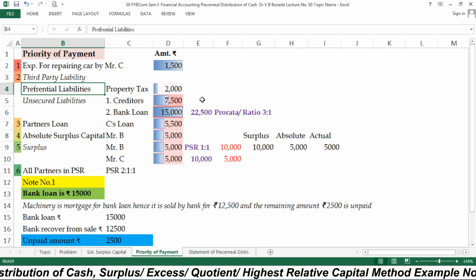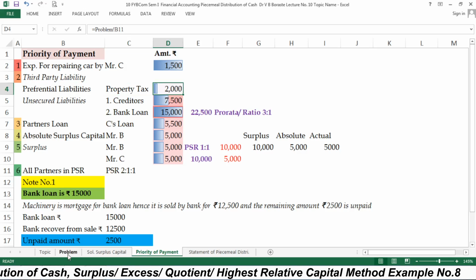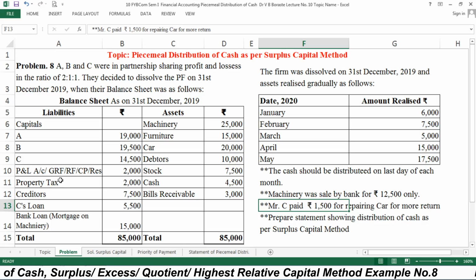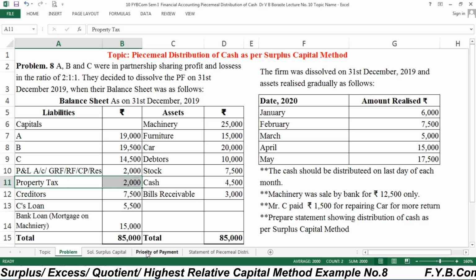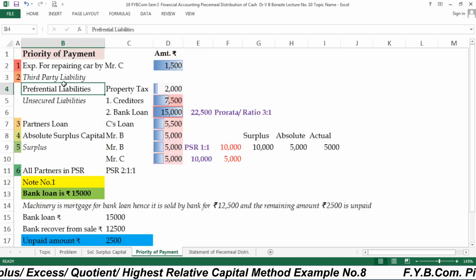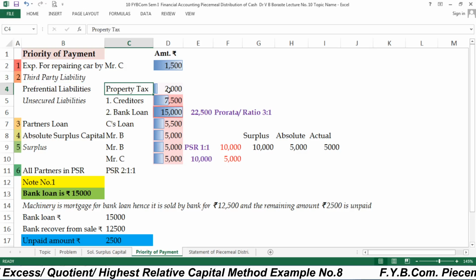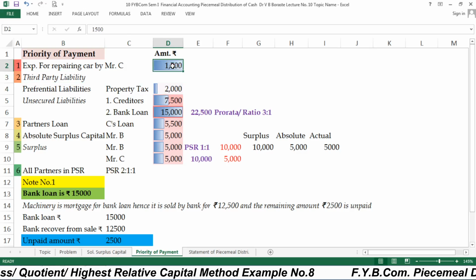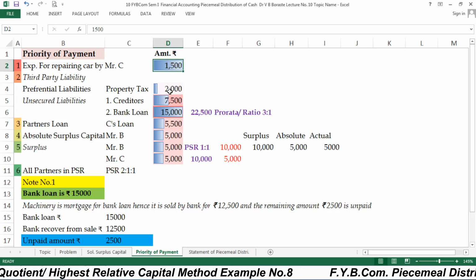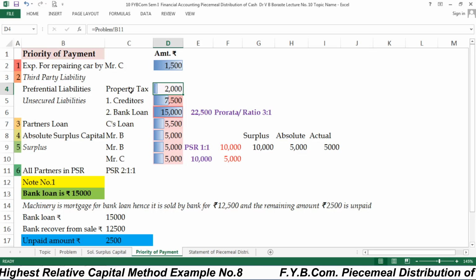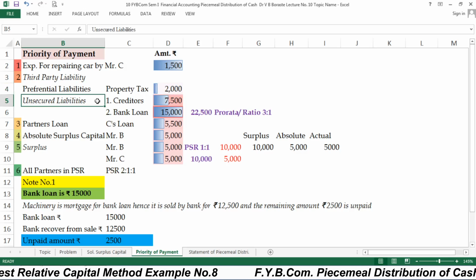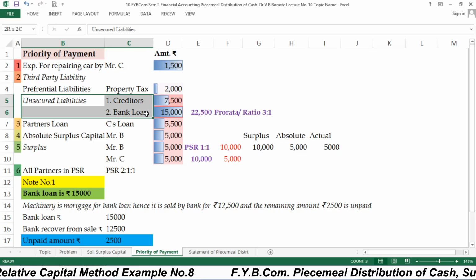So here we have a property tax of rupees 2,000. We have to pay property tax, that is preferential liability under third party liability. So after payment of 1,500 for repairing of the car, we pay property tax in second number.